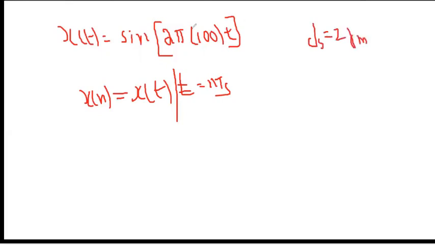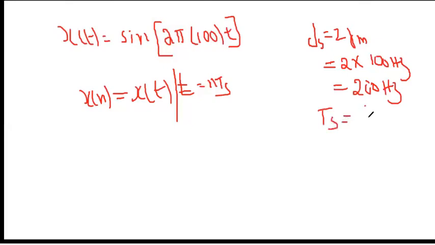What is the fm here? 100. For the given time domain function, fs is equal to 2 into 100, which is 200 hertz.